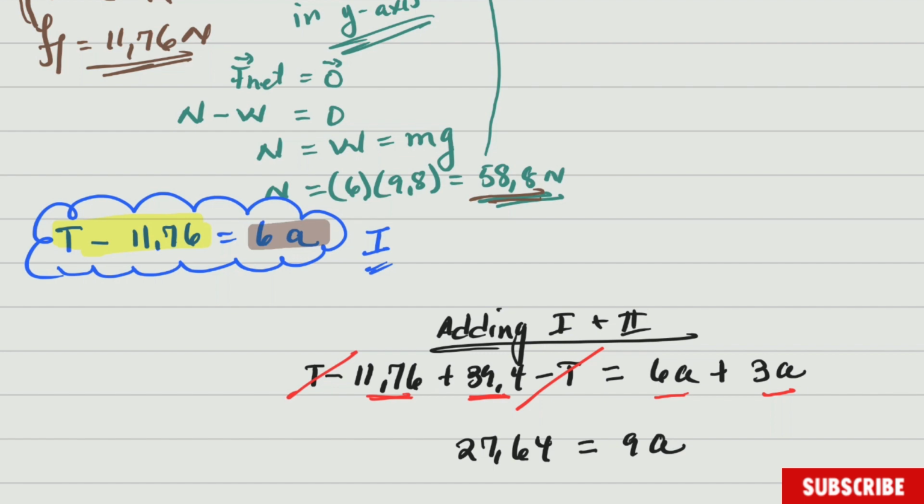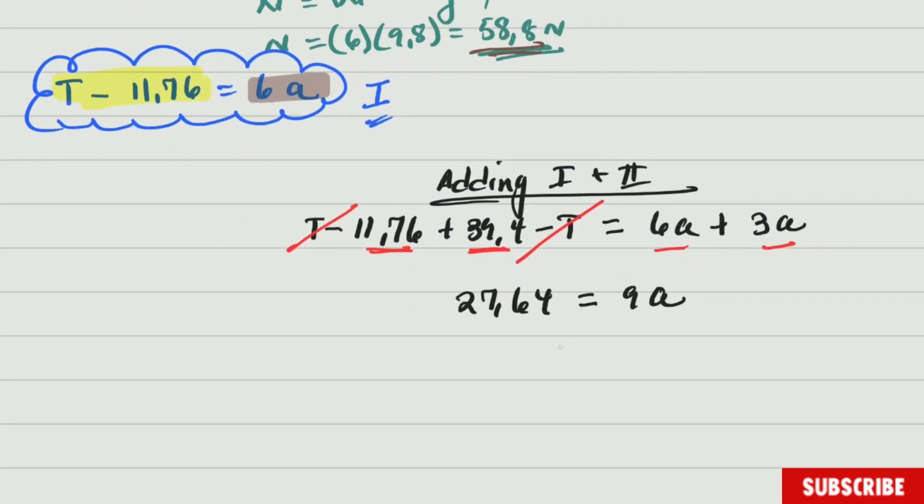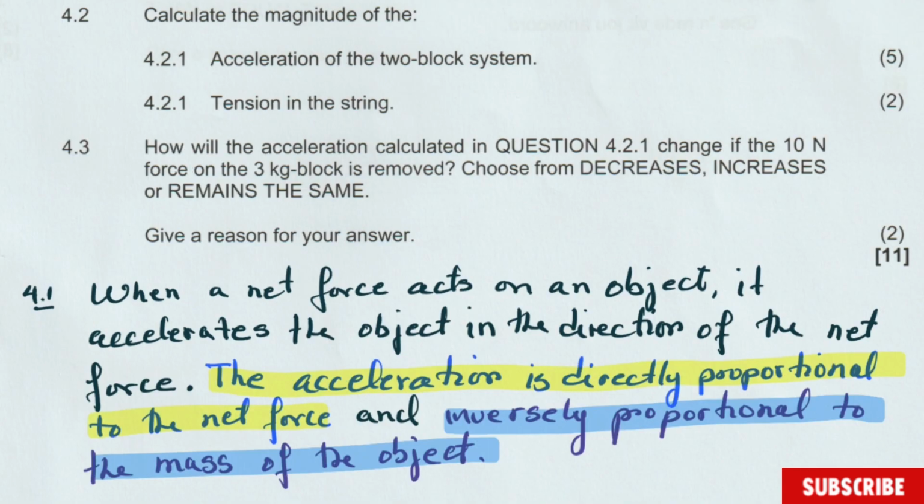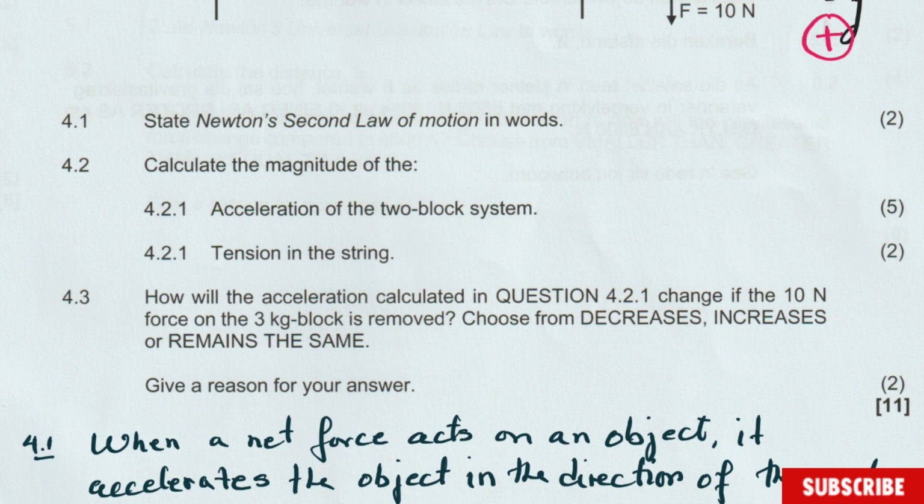And when you rearrange this one to calculate A, you will get that A is equal to 3,07 meters per second squared. That is the answer for this question of the calculation of the acceleration. I hope you understand it's not that bad, guys. That is the calculation of the acceleration of the block.